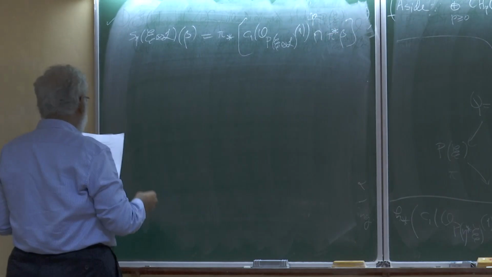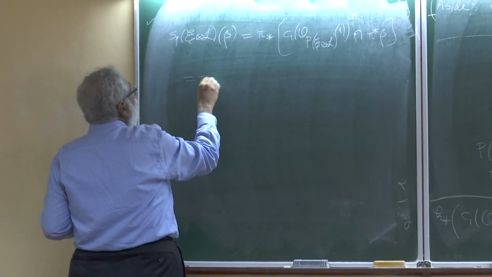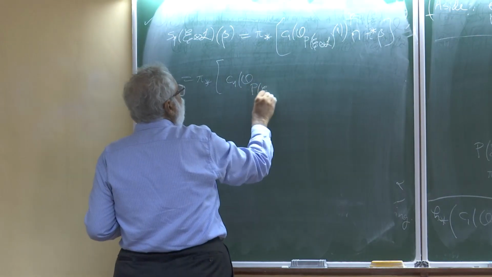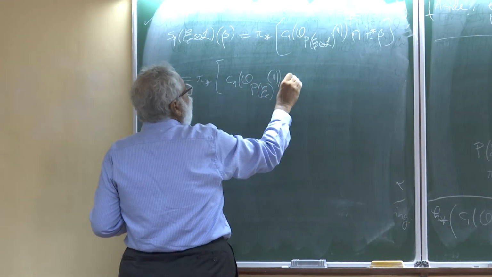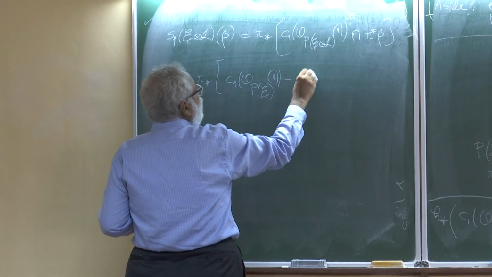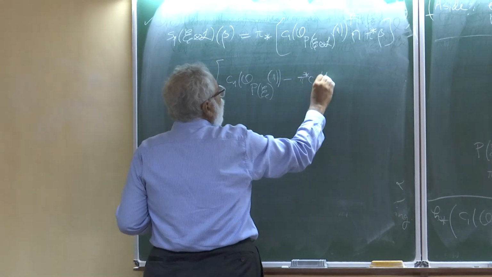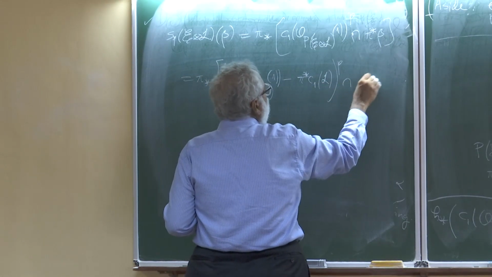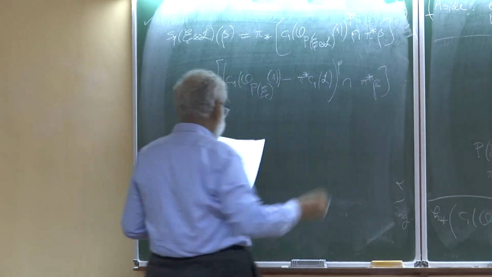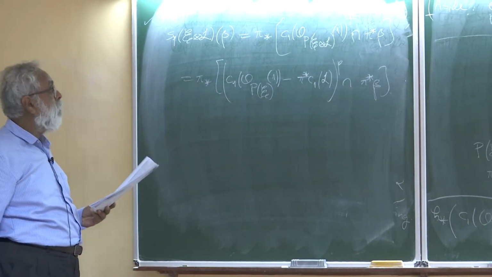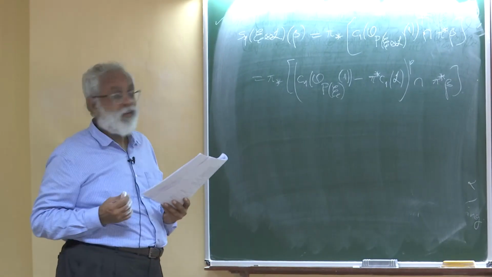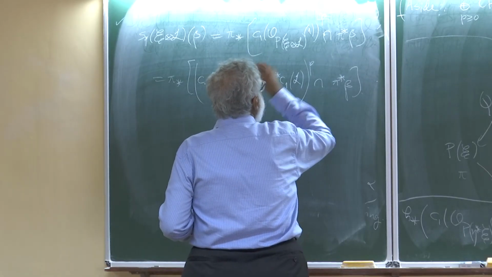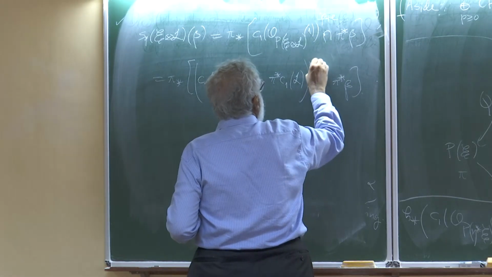But that's just the same as pi lower star of c1 of O_{P(E)}(1) minus pi upper star c1(L), to the p, sorry, p plus e, cap by beta. What do I want to do? p plus e. That's correct.